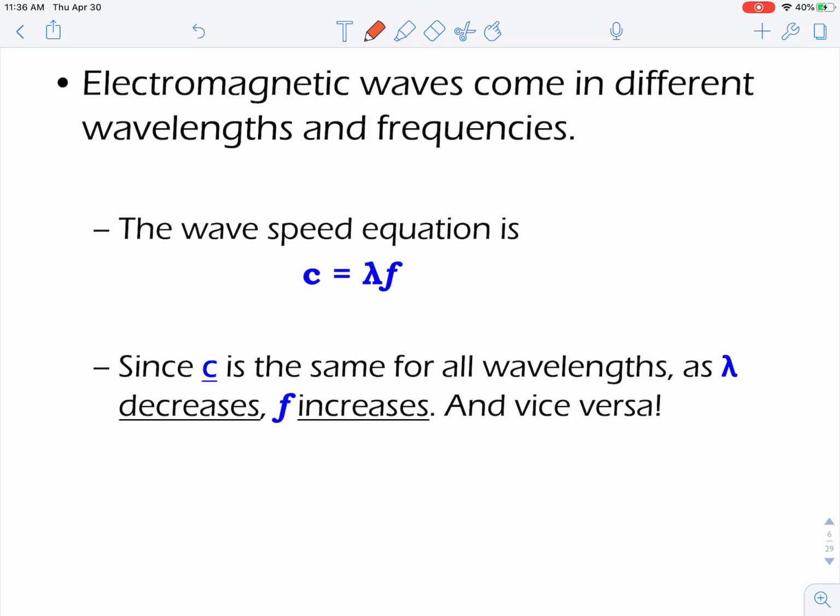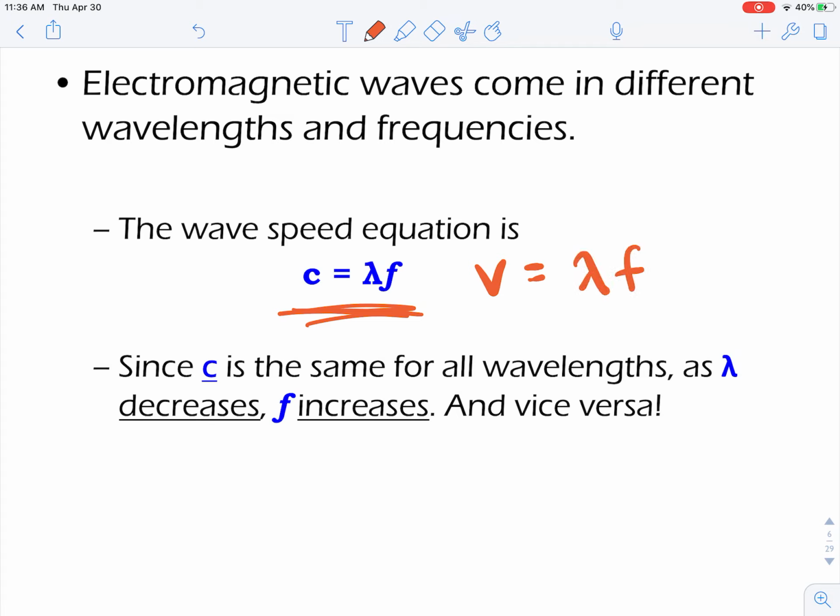So light is considered to be something called an electromagnetic wave, and we will go into that more in another video. But there are lots of different shapes of light. There's light that we can see, and there's light that we can't see. But because it is considered a wave, we can use this wave speed equation to calculate things about the shape and frequency of light.